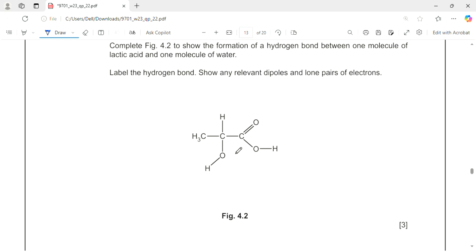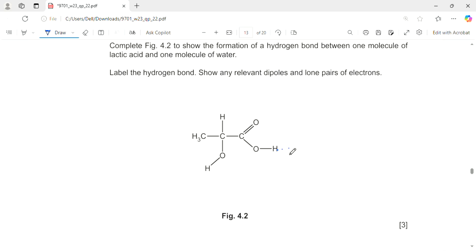So, okay, students, we continue the diagram. Completing the diagram is like this, like this, like this, and something like this.